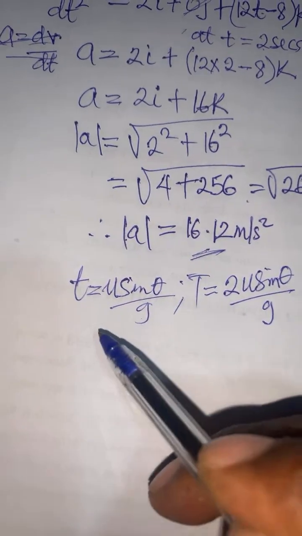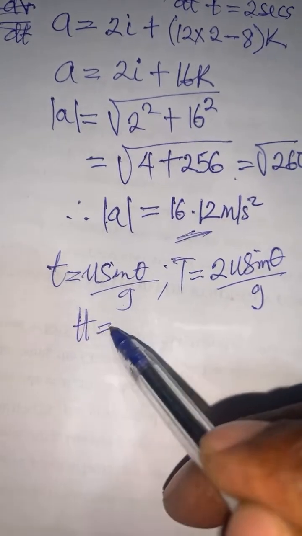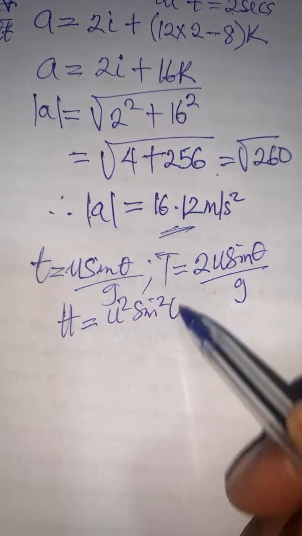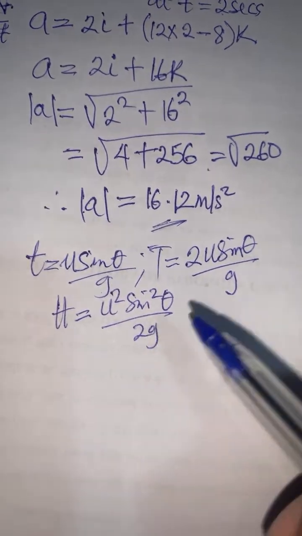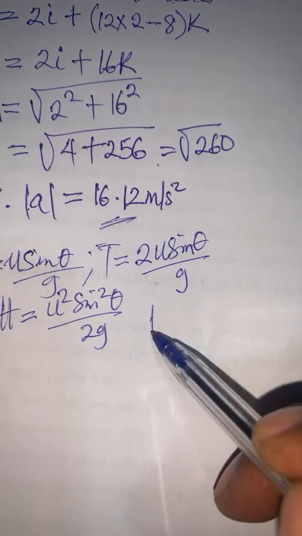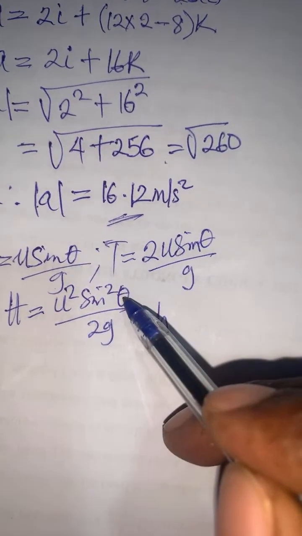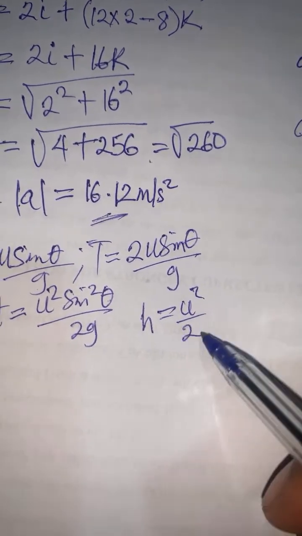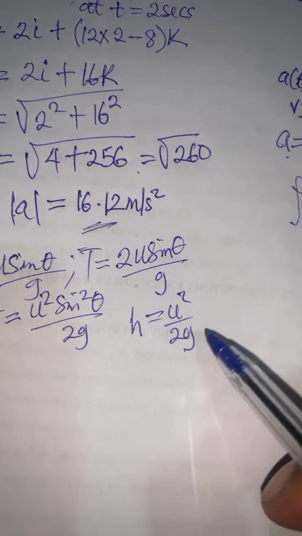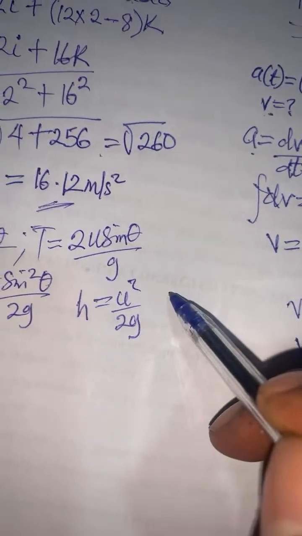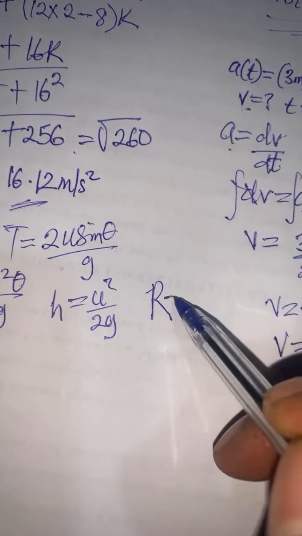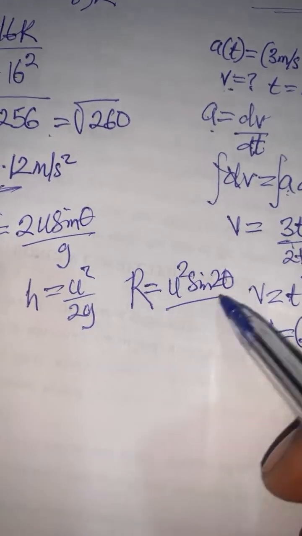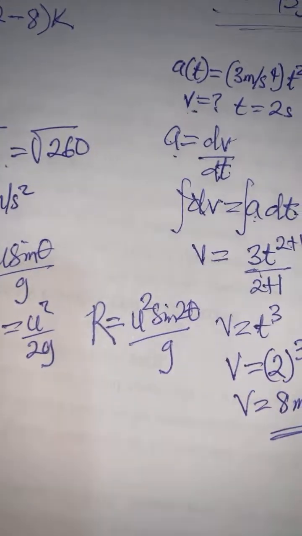Then the maximum height is u squared sine squared theta over 2g. When this angle is given as 90 degrees, then this height will be u squared over 2g. I'm just stating the basic formulas we have in projectile motion. Then the maximum range is u squared sine 2 theta over g. Am I correct?